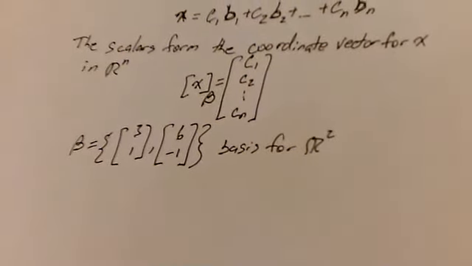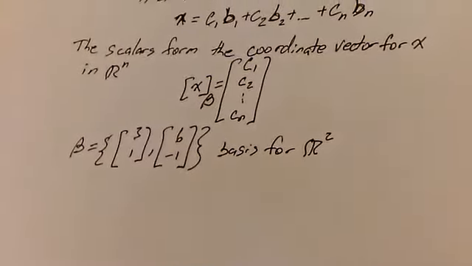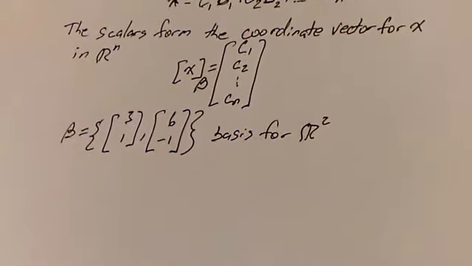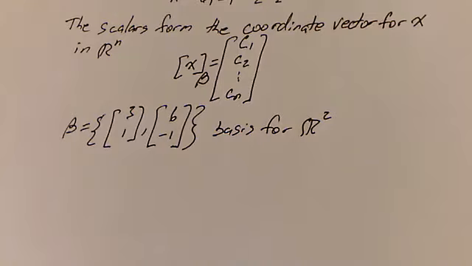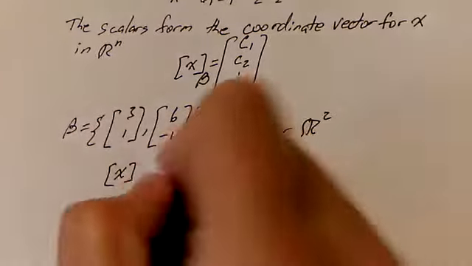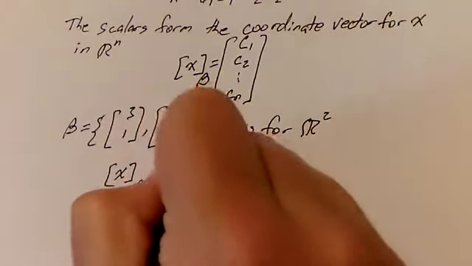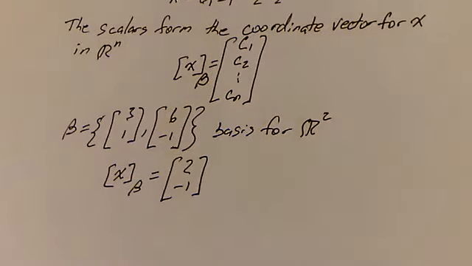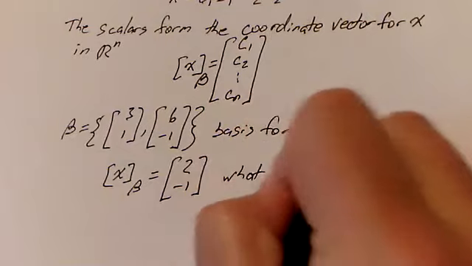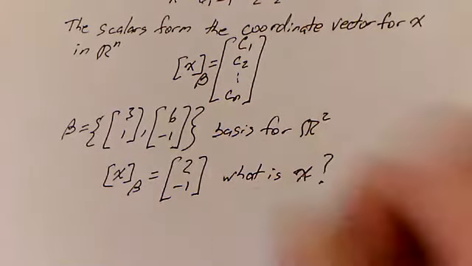So I know that those two vectors span all of R2, so that forms a basis for R2. If I have a coordinate vector of x in terms of B that's equal to 2, -1, our question is, what is x? Remember x is a vector.